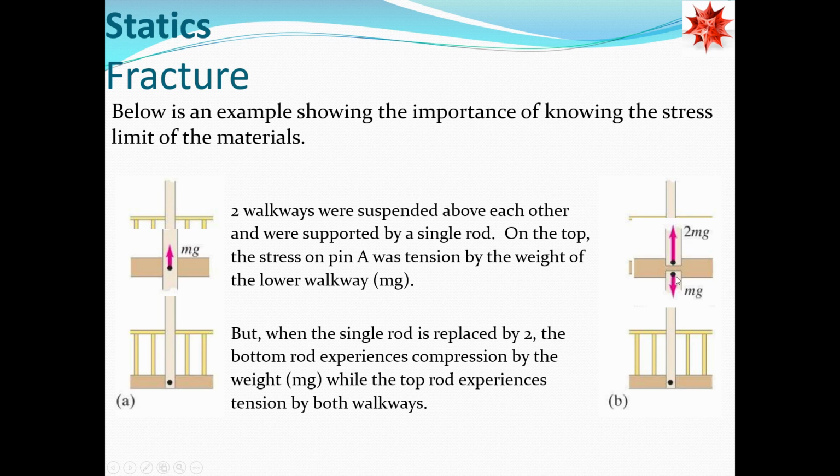This pin will feel the weight of this being pulled down, and this is going to feel the weight of this and this having to pull it up. So this ends up doing double duty at that location. This type of scenario is going to end up resulting in a problem.